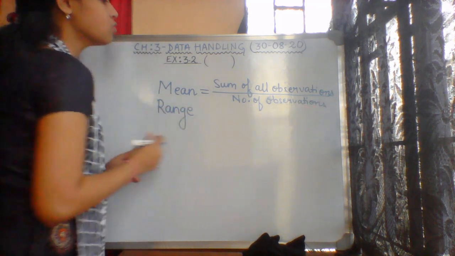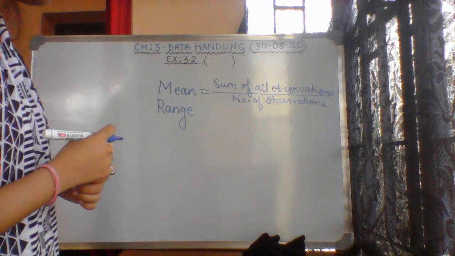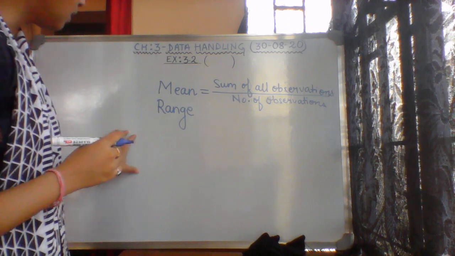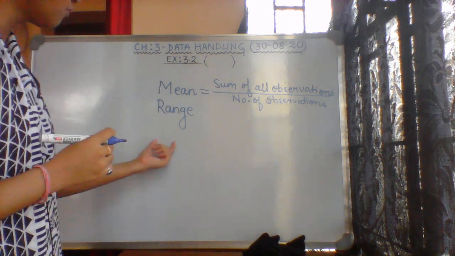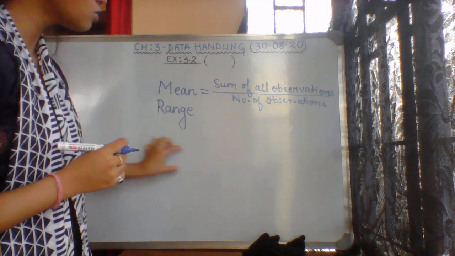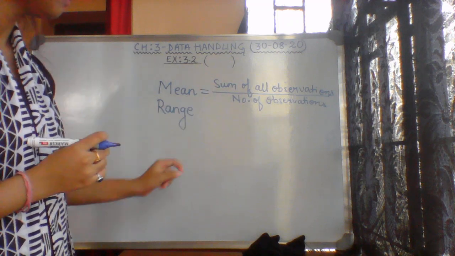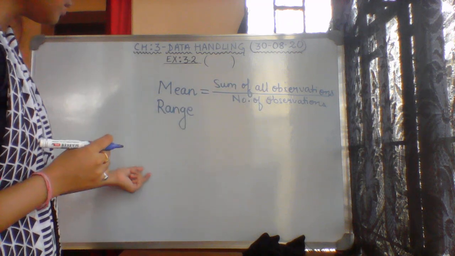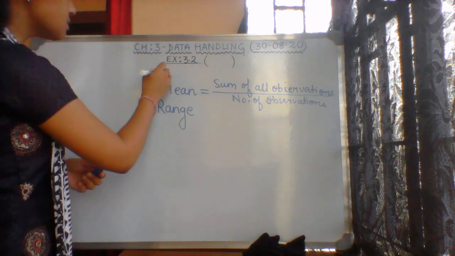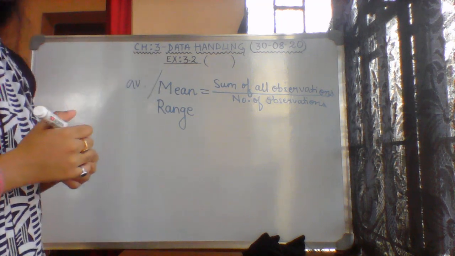So mean we find using this formula. Data would be given, so there are different observations. We sum up all those observations, then divide that sum by how many observations we have made. Mean is nothing but how we calculate average.